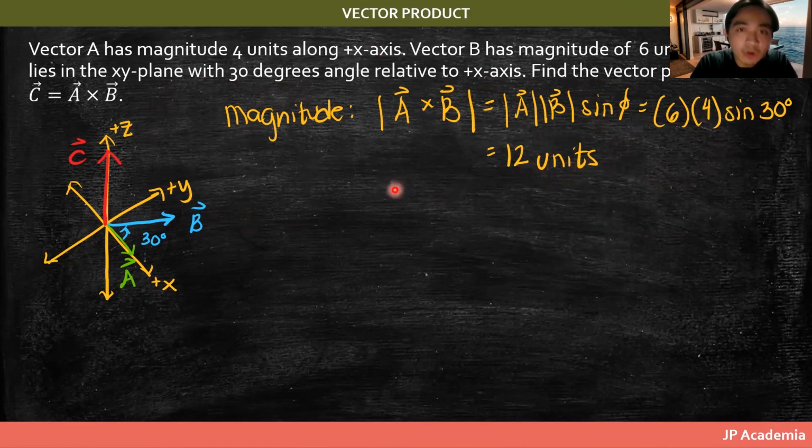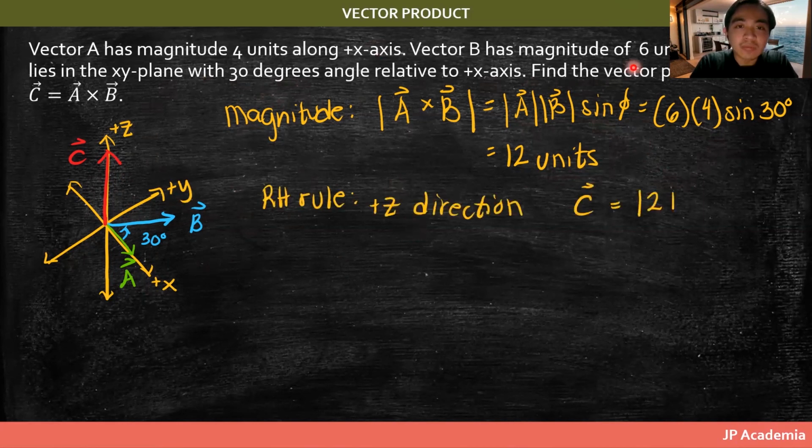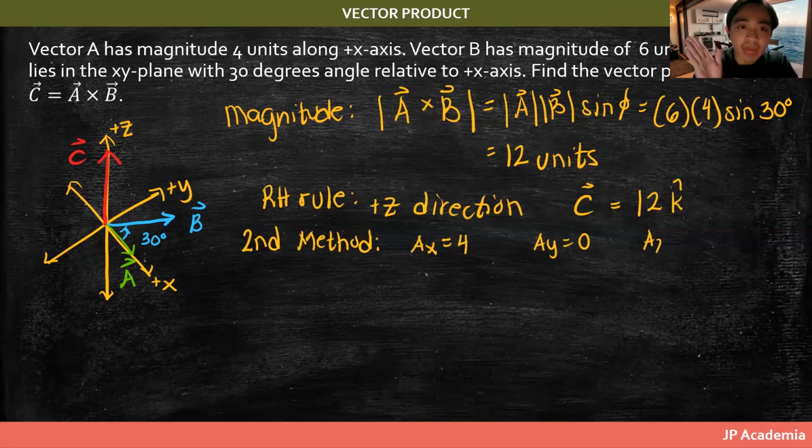Pero tandaan mo na magnitude lang to ng cross product. So, based sa right-hand rule, para malaman mo yung direction, i-curl mo lang yung kamay mo from A papunta sa B, counterclockwise, then papunta yan sa positive Z direction, and therefore, that vector C is equal to 12 k hat. So, along the positive Z axis yan.